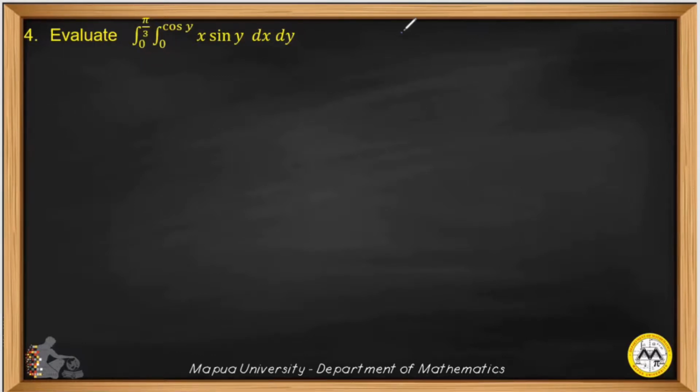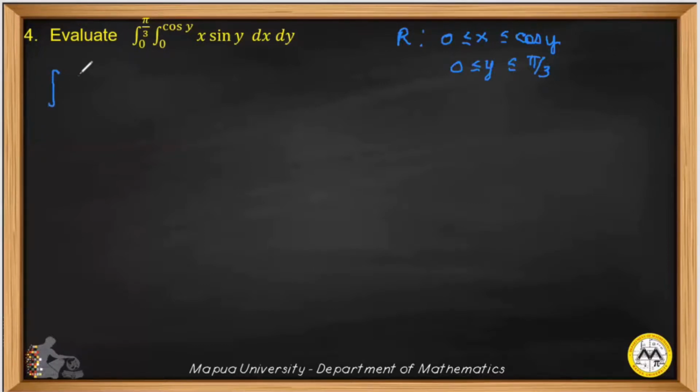So the region R is the region where x goes from 0 to cosine of y, and y goes from 0 to pi over 3. So we are now ready to evaluate the double integral.